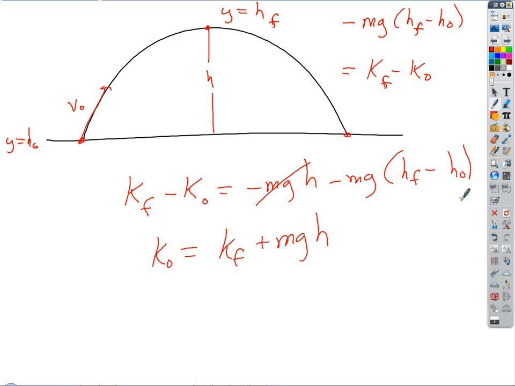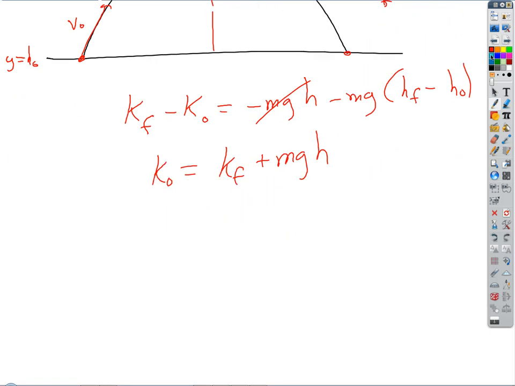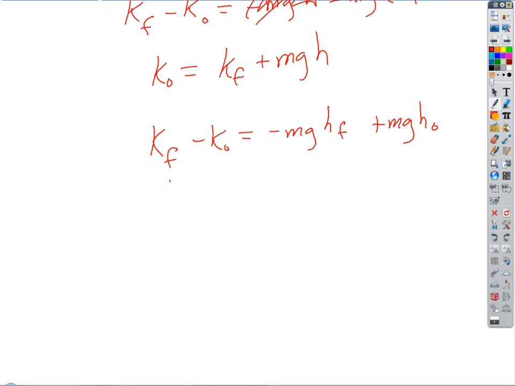Now look where we can go with this. If I distribute this negative, I'm going to get K final minus K naught equals negative mg h final plus mg h naught. Push this over to this side and this over to this side, and then let's flip the equations. And you tell me if this is right.